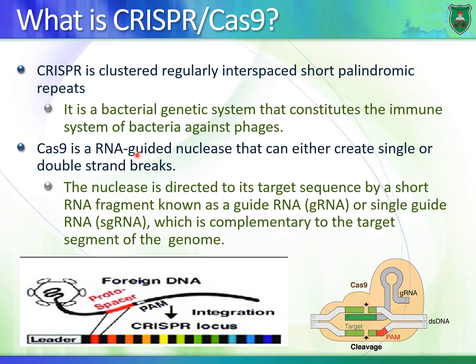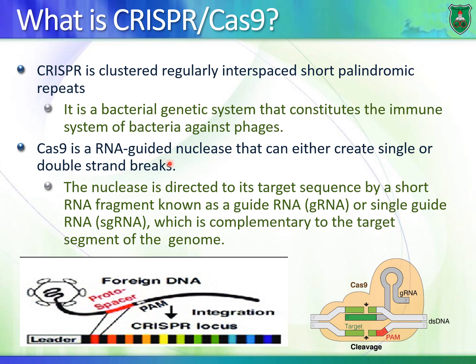Okay, and they are clustered in one area in bacterial DNA, in the bacterial chromosome. So this is a bacterial genetic system. The main purpose of CRISPR is to fight bacteriophages. Okay, now Cas9 is a nuclease, so it is an enzyme that degrades nucleic acids, and it is RNA guided.